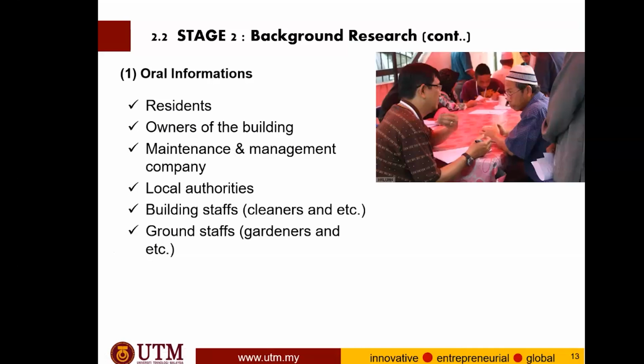We never know what the problems in the toilet or in the lift are, or the problems of safety. For example, some buildings have very serious corroding along the railing of the staircase, which is very serious.